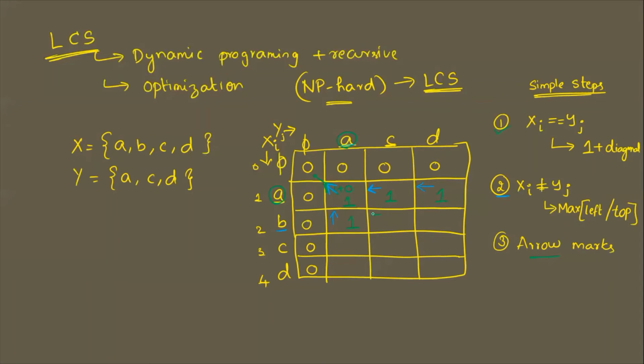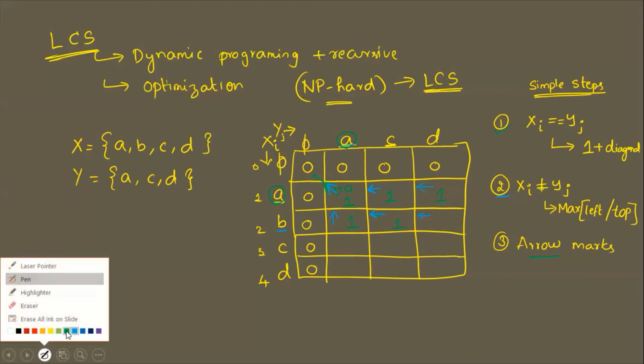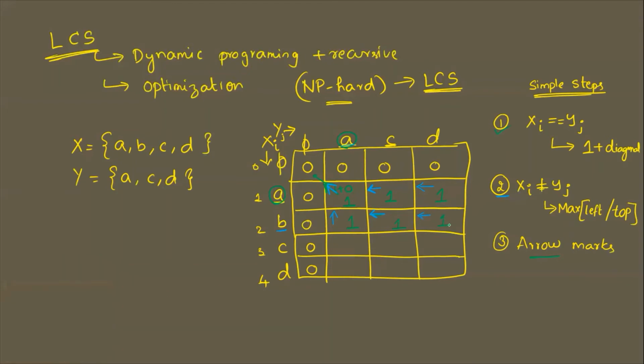But here I am taking the left arrow itself everywhere, and the value is 1. Okay. Now next is B and D. B and D both are different. Here also 1, here also 1. So in that case, you are taking the left cell value. And the value is 1.